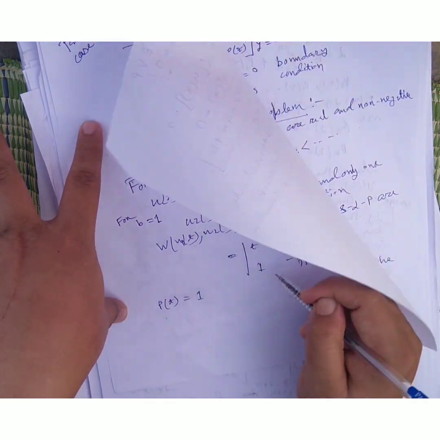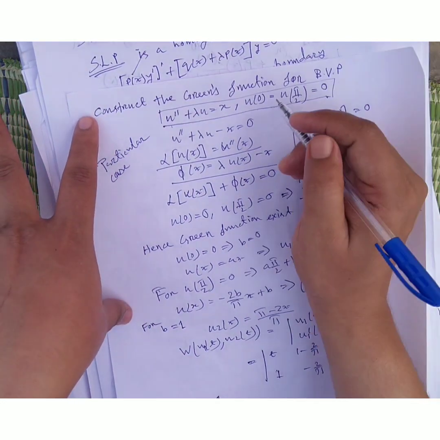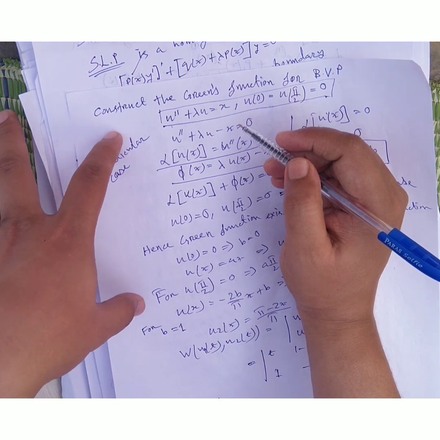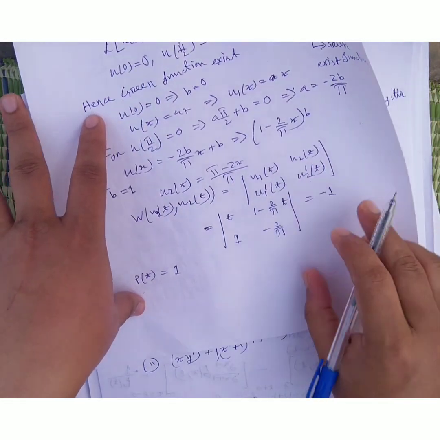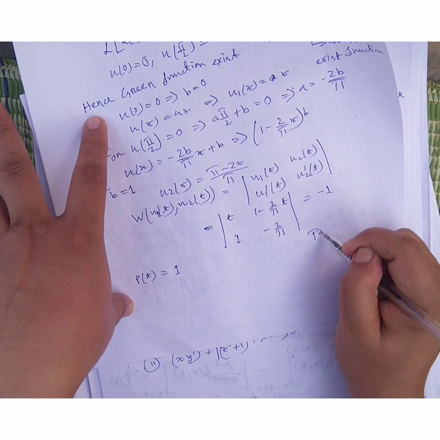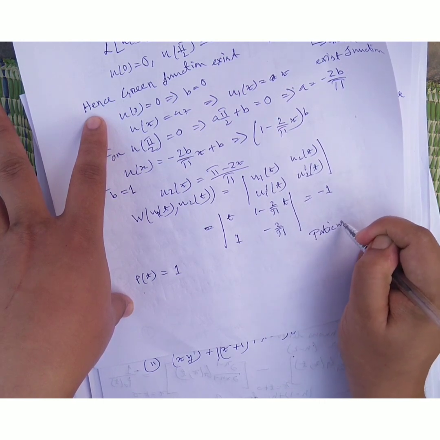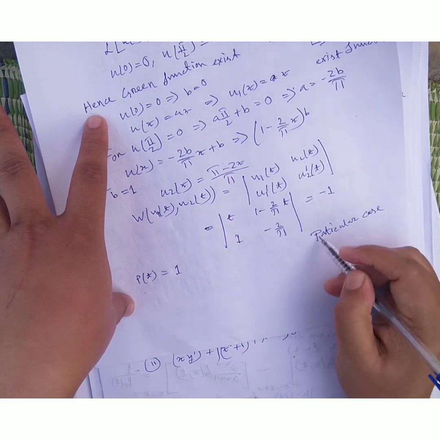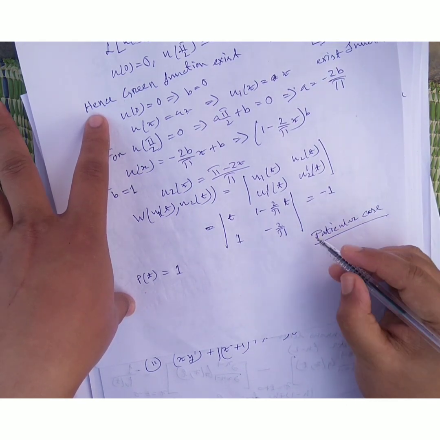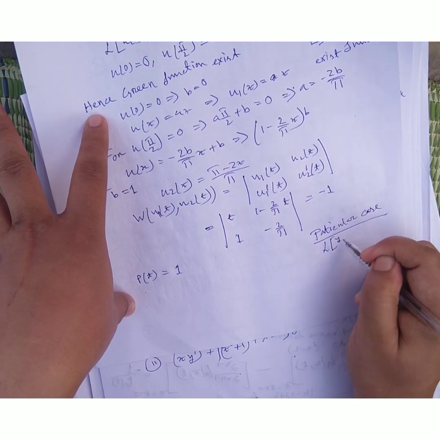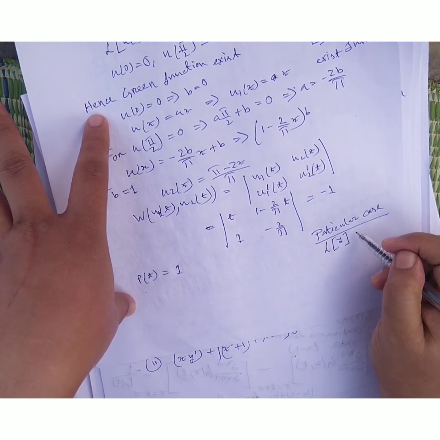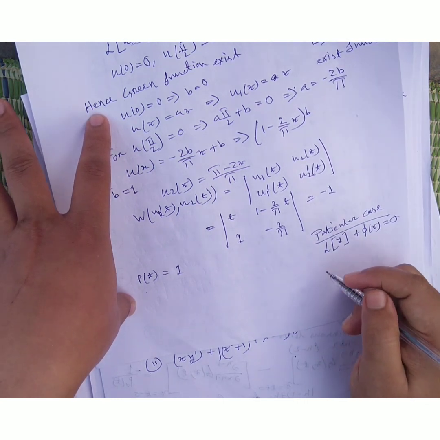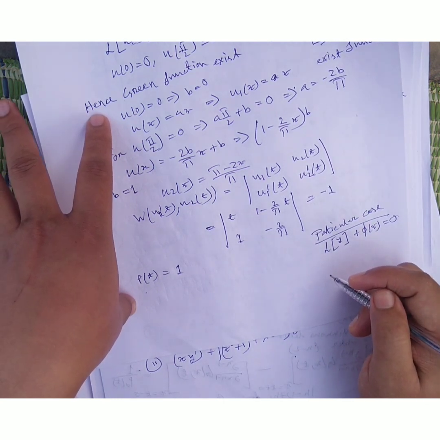1, according to the question, p t is equal to 1 here. My particular case is a particular case for the Liouville theorem. My L is L u plus phi x is equal to 0. L u is equal to phi x is equal to 0.